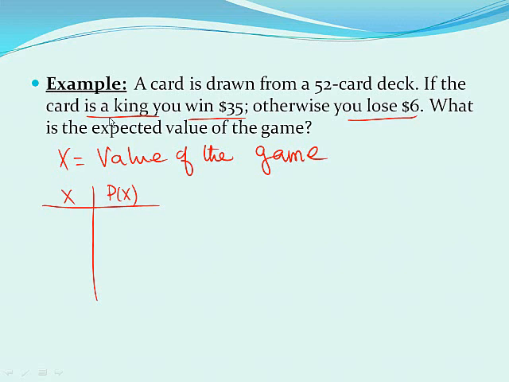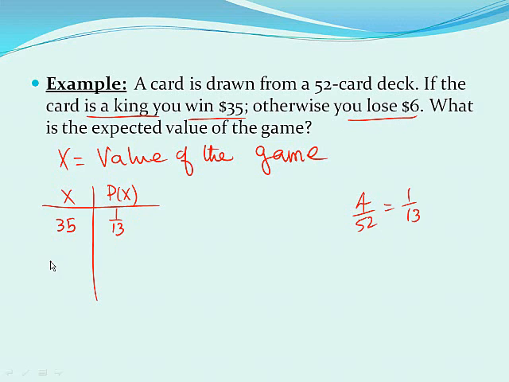If the card drawn is a king, the x value will be 35. The probability of drawing a king out of a 52 card deck will be 4 kings out of 52, which is 4 by 52. That will come out to be 1 over 13. So this probability will be 1 by 13. If the card drawn is not a king, we will lose $6.